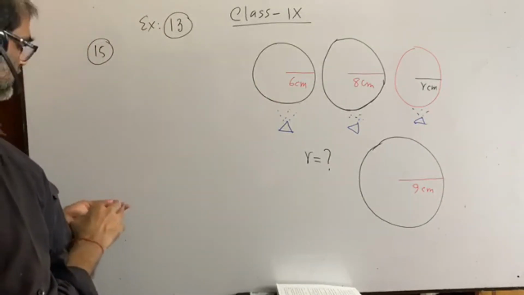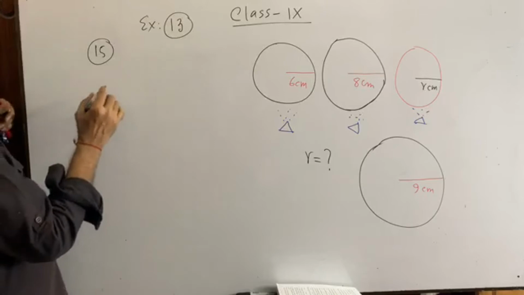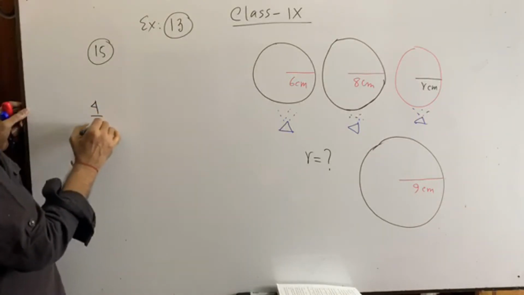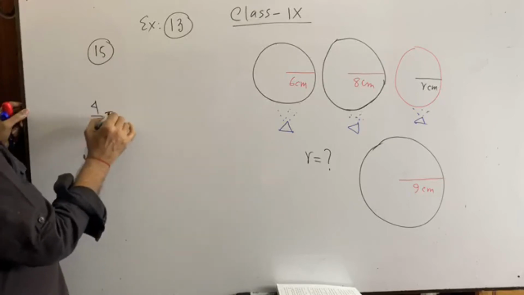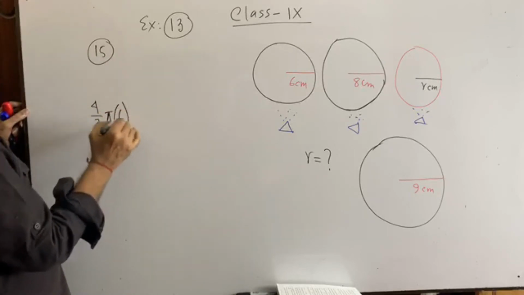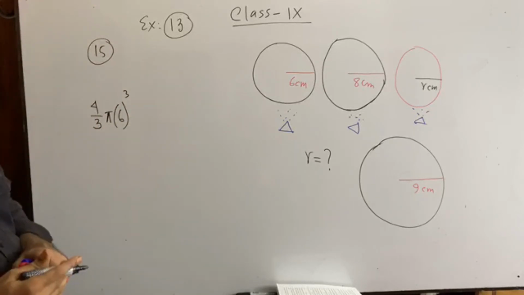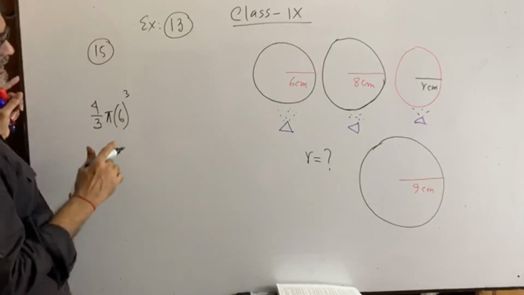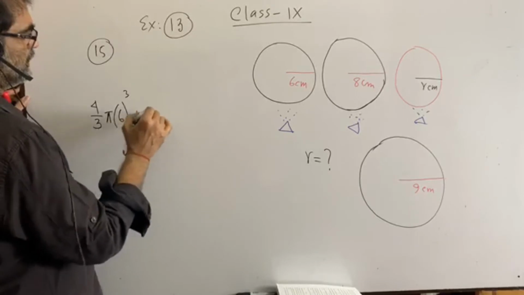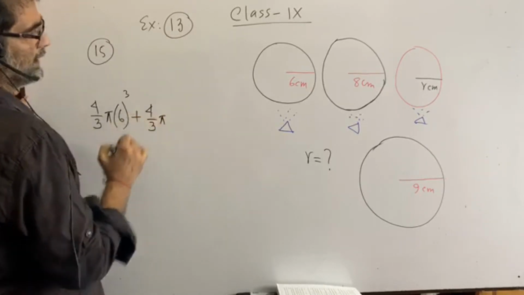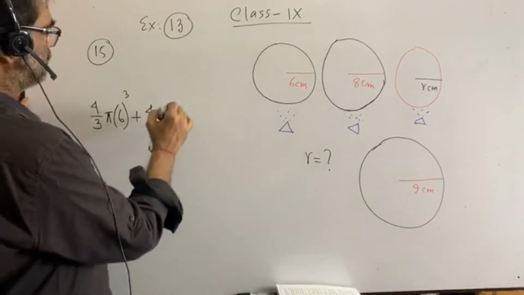Its volume is, you see, the volume of the first ball is 4/3 pi a cube. This is the formula, 4/3 pi a cube, right? Then the second ball, 4/3 pi 8 cube.